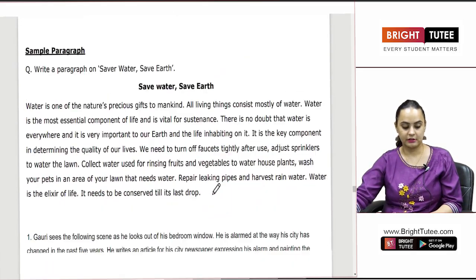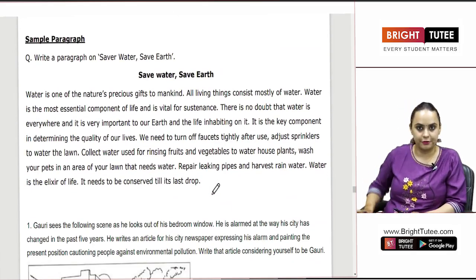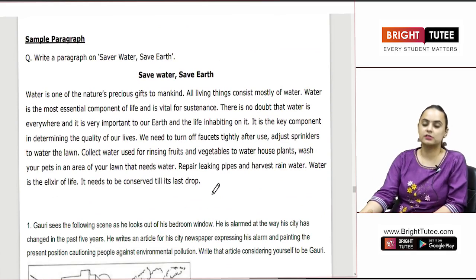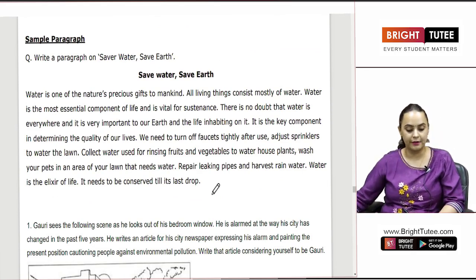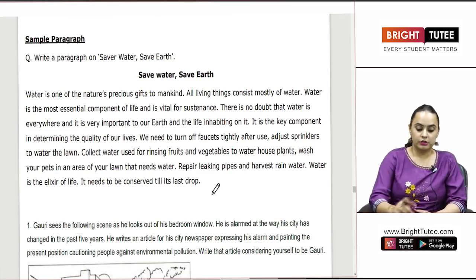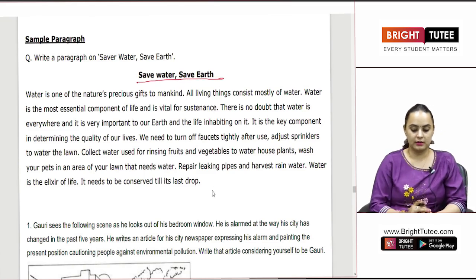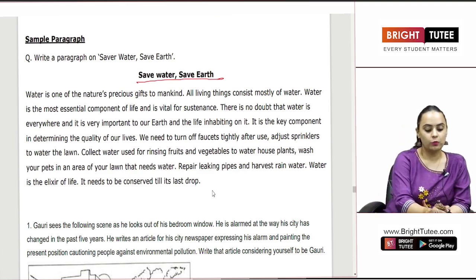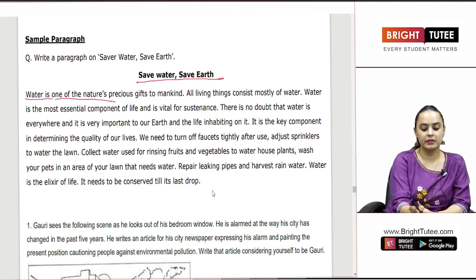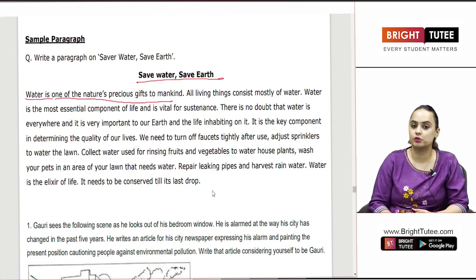Now let us read one sample paragraph. Supposing you get a question that you have to complete a paragraph on save water, save earth. This is the topic that you are given, save water, save earth, and you have to complete it. Water is one of nature's precious gifts to mankind.